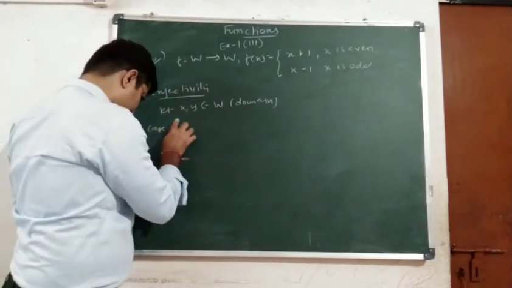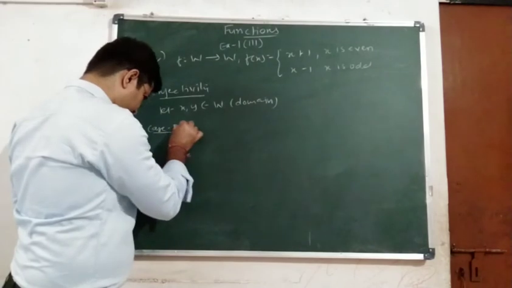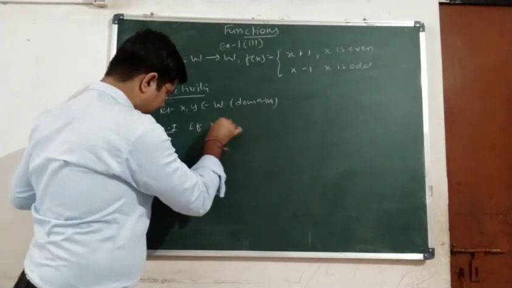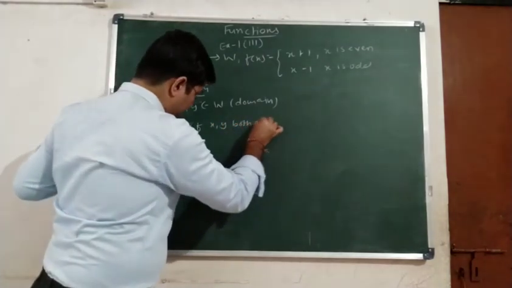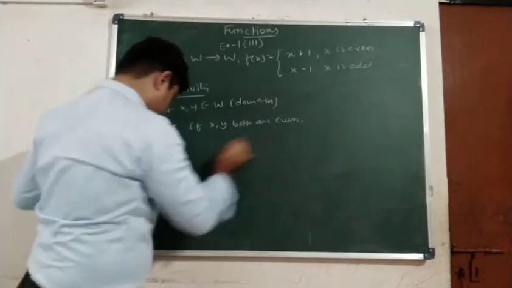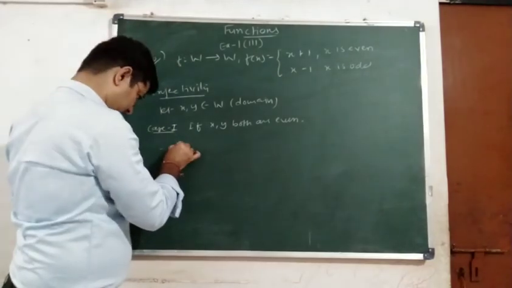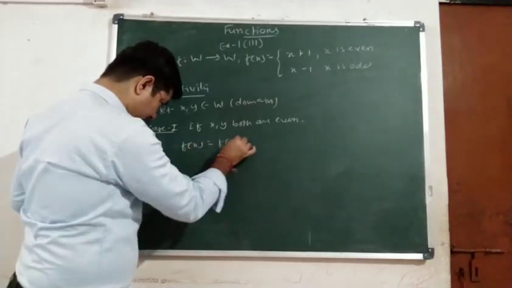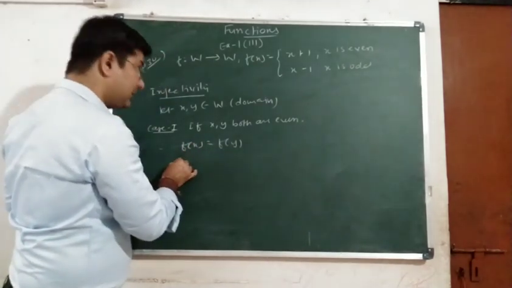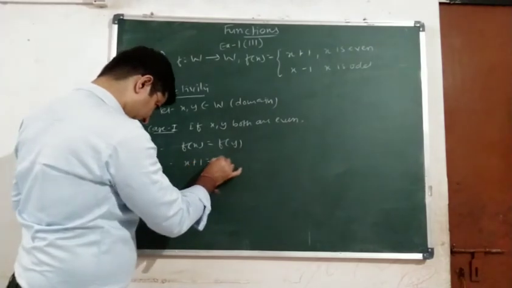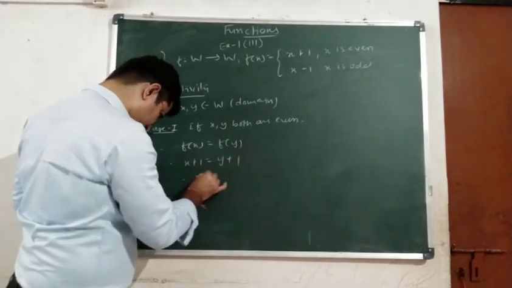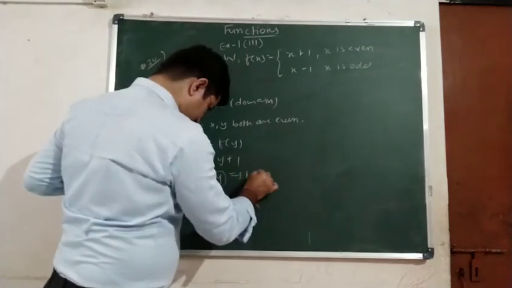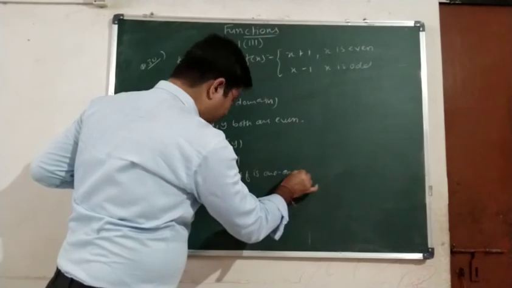Case 1, if x and y both are even, okay, in that case f of x is equal to f of y implies x plus 1 is equal to y plus 1, therefore x is equal to y, implies f is 1-1.